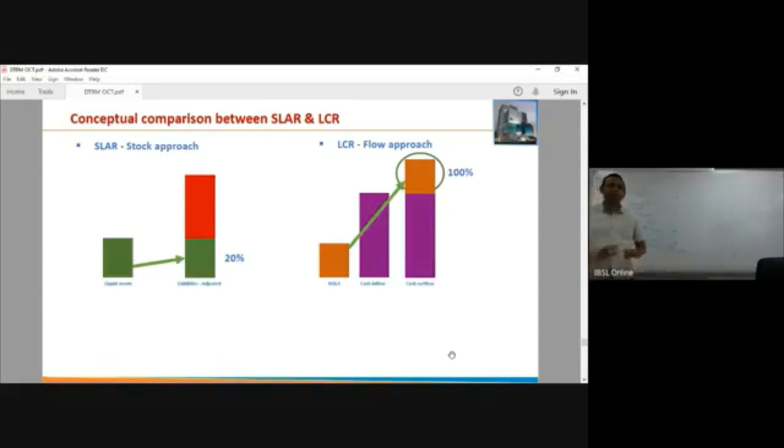So the next thing is the bank needs to compute your cash inflows and outflows for the next 30 days. So it's a forward-looking thing. So now you are going to compute your inflows. So how does money come into the bank? What are the inflows to the bank?